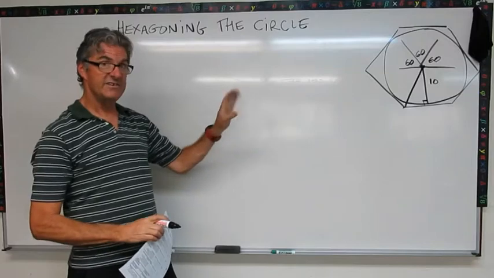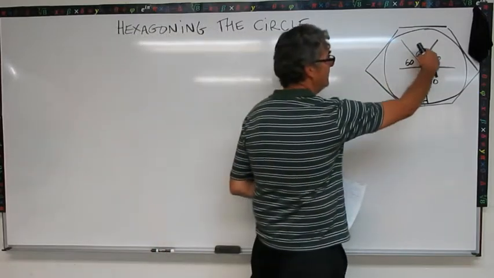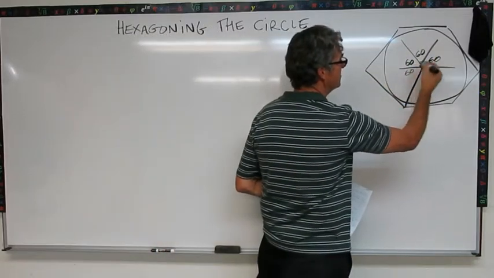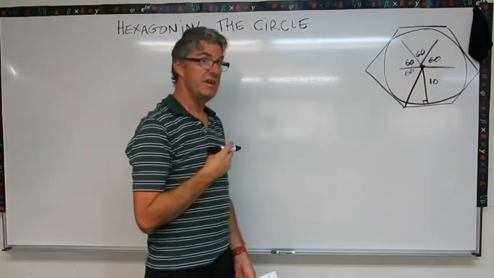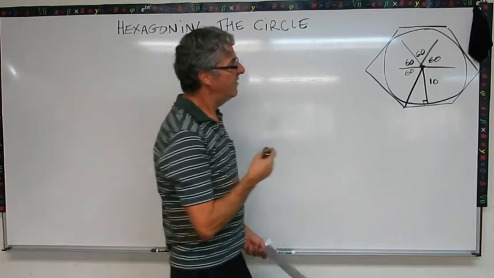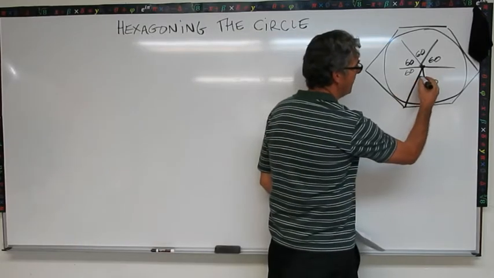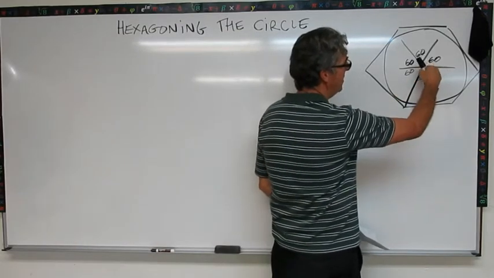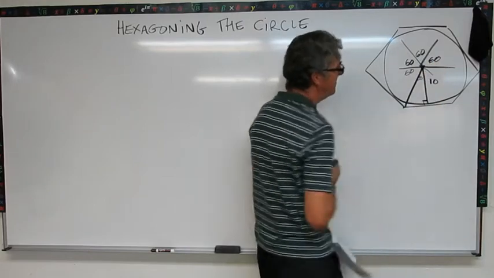It's a regular hexagon, so each of these sections, like that one too, is going to be 60 degrees, okay? It's just 360 divided by 6. Now, this one here is going to be 30 because it's half of the 60 degrees that comes from there.